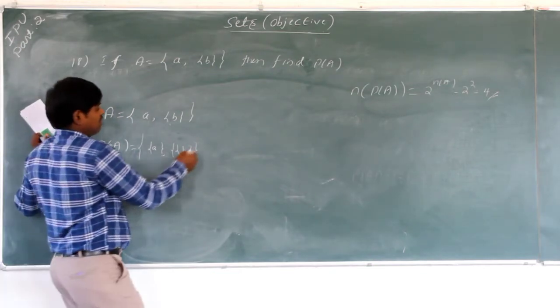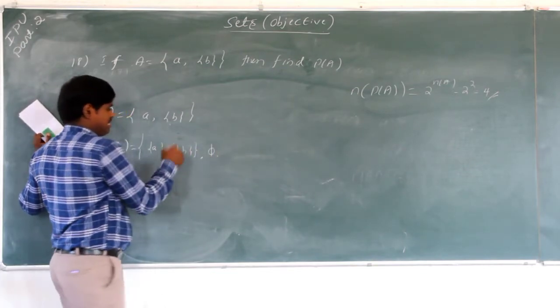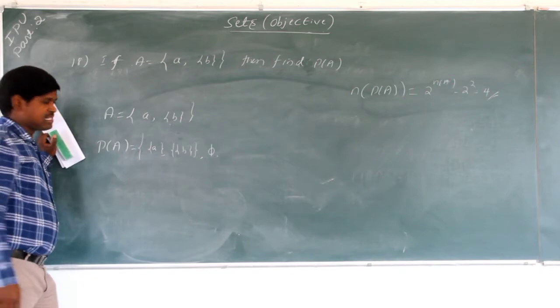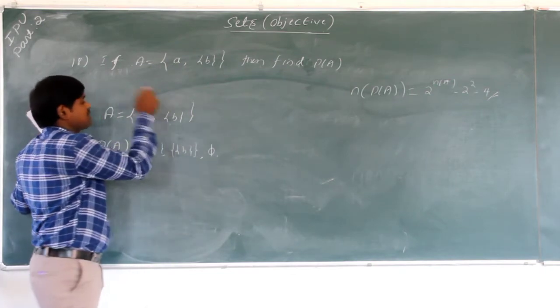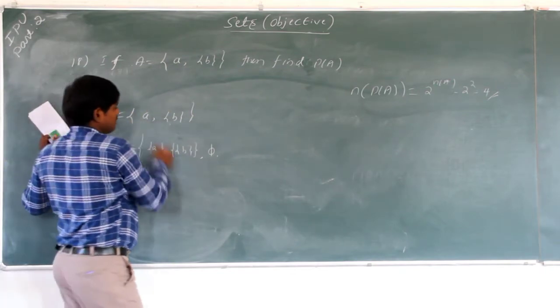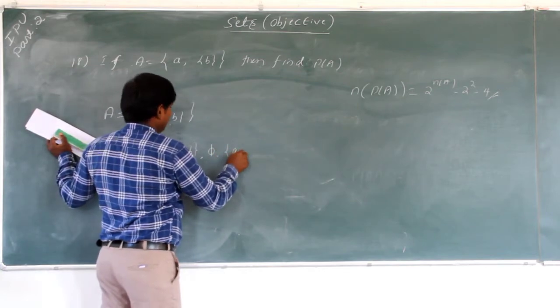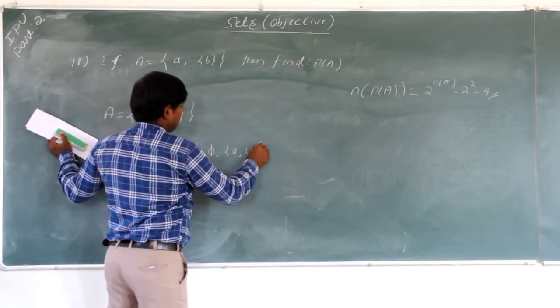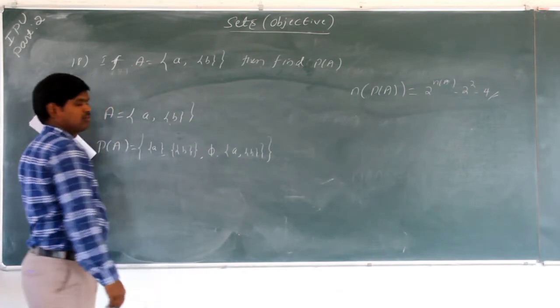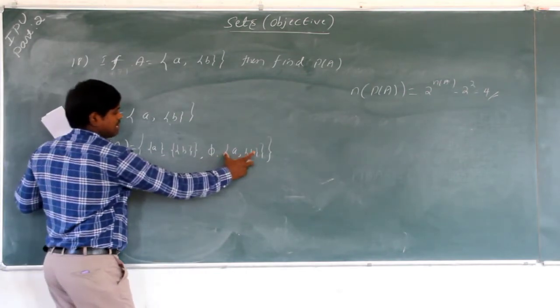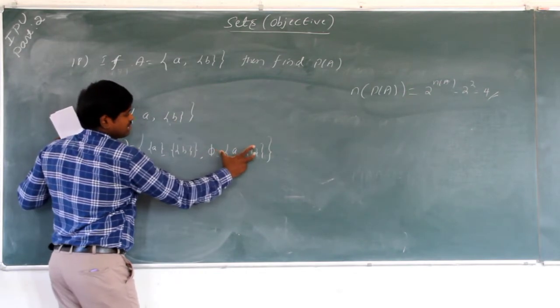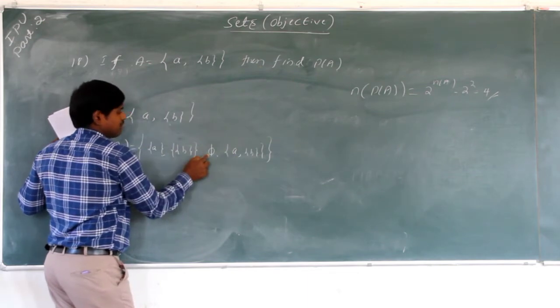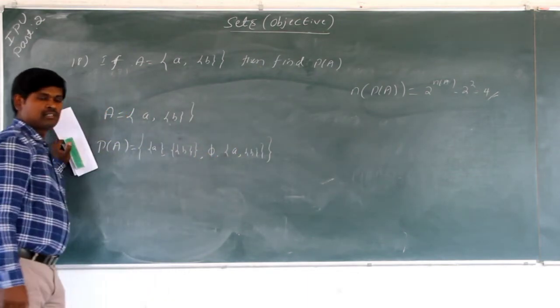Next, the null set is a subset of every set. Similarly, every set is a subset of itself, so the set itself, that is A and B, closing the brackets. Observe here: this is the set itself, and the null set. These are subsets of every set.